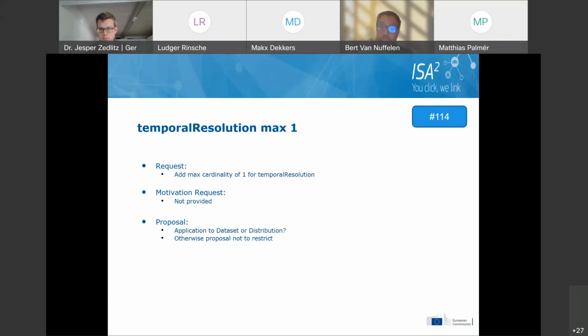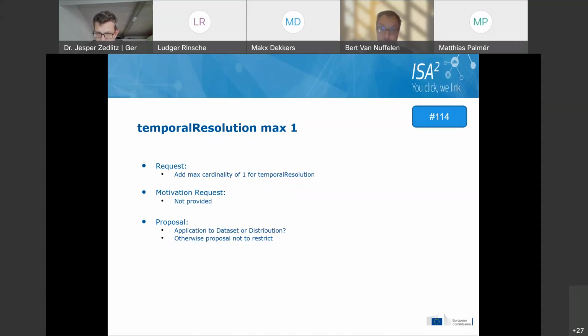Okay. So the proposal from Matthias is to highlight the fact that it's the minimum temporal resolution and that we want to capture that one on the dataset, and that every distribution can have its own. And then there is indeed max 1 on both.